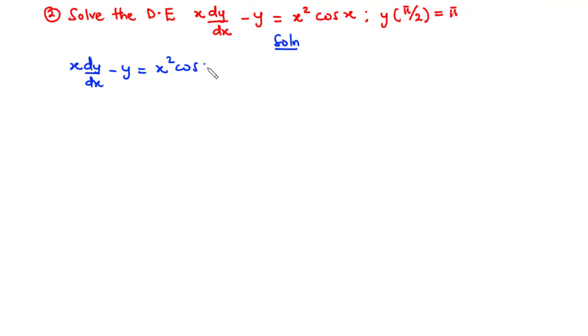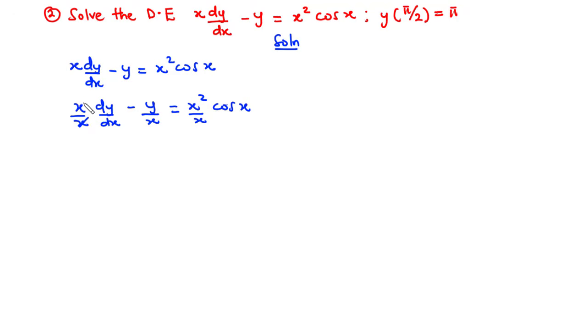squared cos x. Now let's try to represent this differential equation in the form dy dx plus p of x times y equals q of x. So we are going to divide through by x. So let's say we have x over x dy dx minus y over x equals x squared over x times cos x.